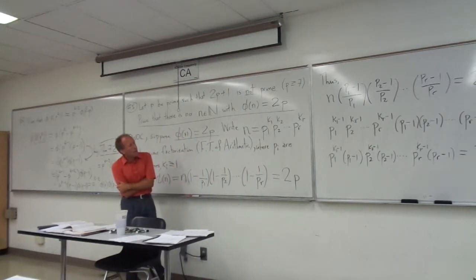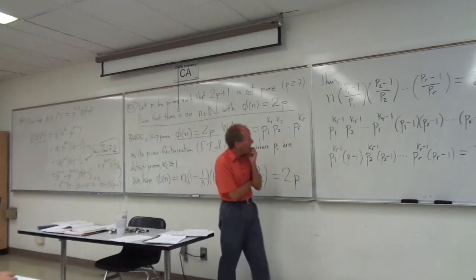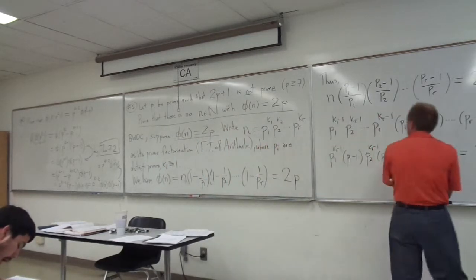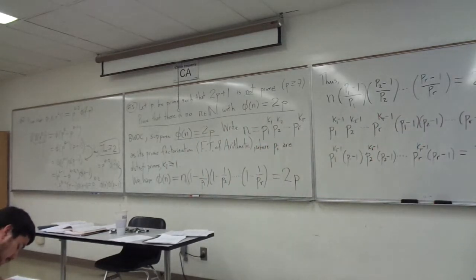Can any of these primes be bigger than 3 on the left side? Let me ask you this question. On the right-hand side, how many factors of 2 are there on the right-hand side of the equation? Only 1, because look, P is at least 7, so it's an odd prime.